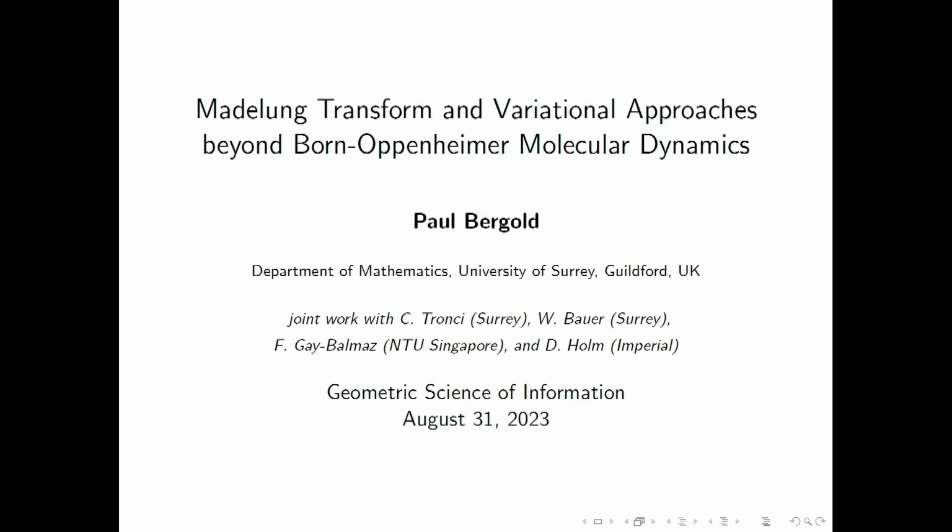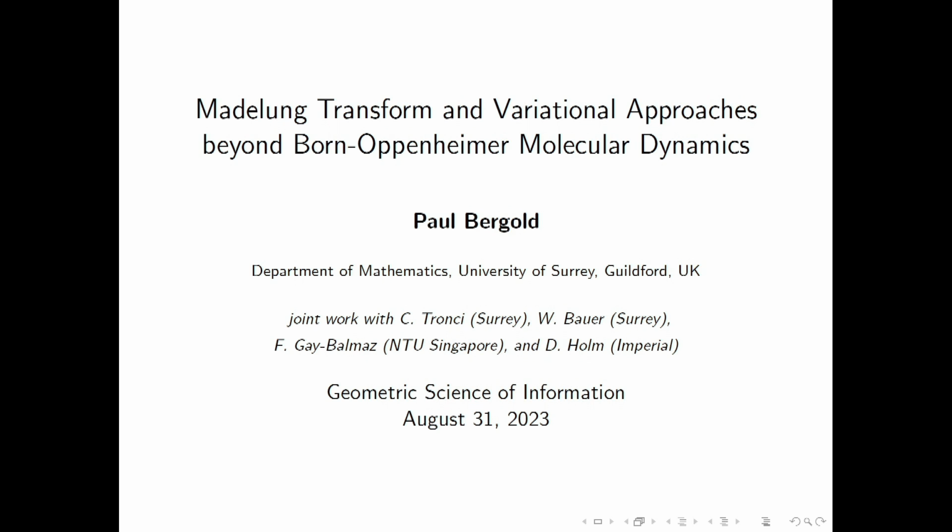So as maybe some of you have noticed, there is a slight change in the title as compared to the GSI paper, where we basically analyze how Born-Oppenheimer molecular dynamics arises from asymptotic expansions on the level of the Lagrangian. And in this context, we present two particle methods.